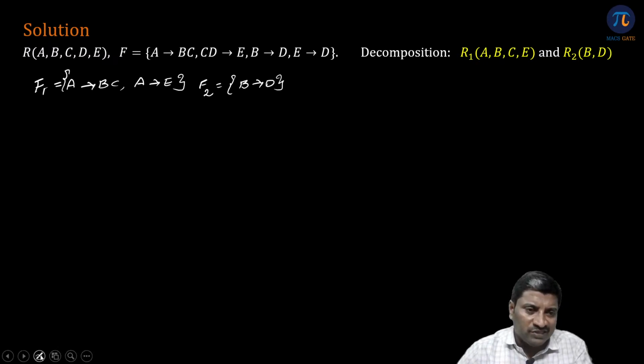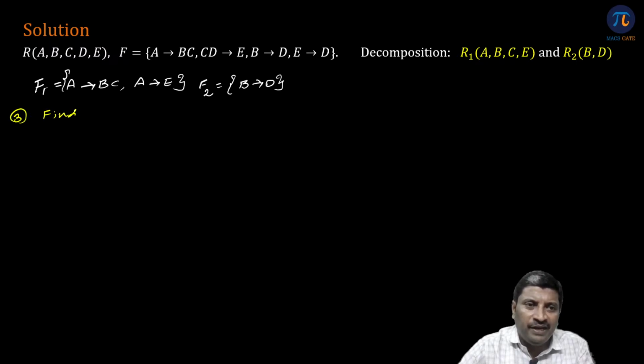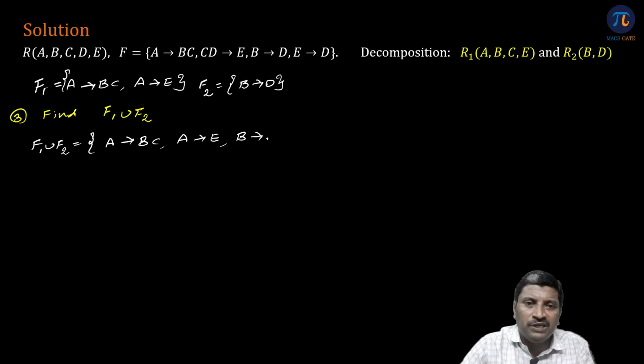So we completed the second step. What is the third step? Find F1 union F2. What is F1 union F2, sir? Just make union of the given F1, F2. So you will get A goes to BC, A goes to E, B goes to D. Right? So this is our third step.